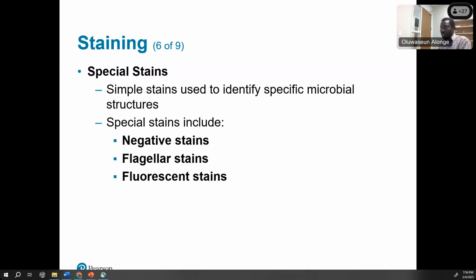Usually they are not the stains that we use in the lab majorly, except for a major experiment. Like, I've used fluorescent stain before for an experiment that has to do with pancreatic cancer. All right, let's go.